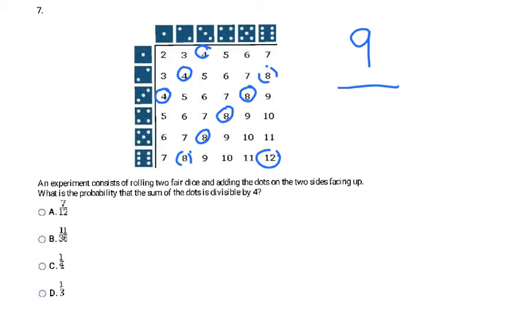And so how many total different ways can these dice be rolled? Well, I can just go ahead and count the sides. 1, 2, 3, 4, 5, 6, and there's 6 this way too. So 6 times 6 is 36, and both of those can be divided by 9, so it reduces to 1 over 4, which makes letter C my answer.